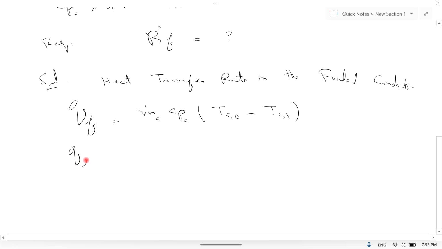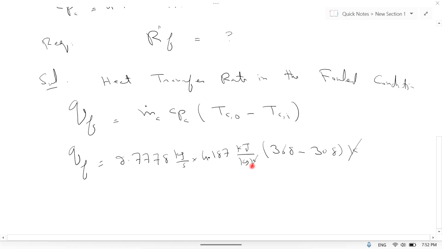So QF is equal to 2.7778 kilogram per second, times the specific heat capacity of cold water, 4.187 kilojoule per kilogram per Kelvin, times the temperature of cold water outlet in Kelvin, 368 minus 308 Kelvin.